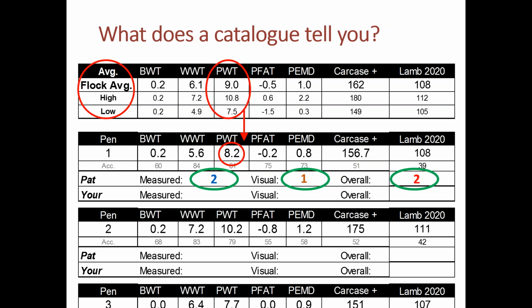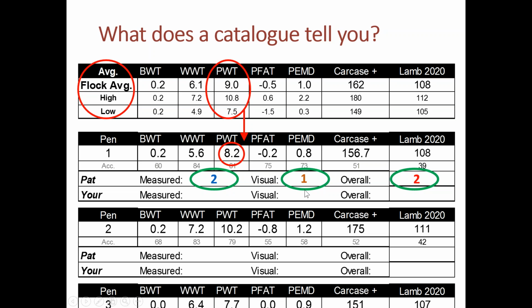Because he's visually a grade 1, I really can't grade him overall a 1 because he doesn't really meet that measured grade that I've got in my breeding objective.